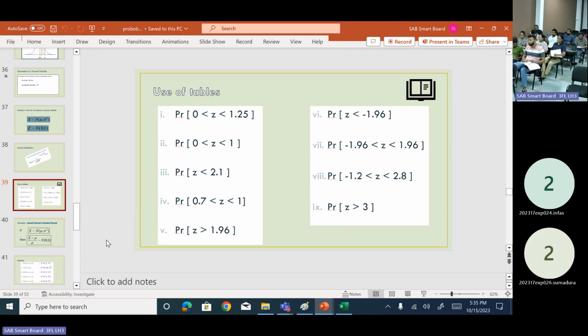How do we go for it? Exercise or example: find the probabilities using the standard normal table.